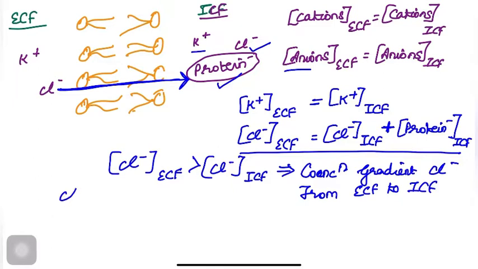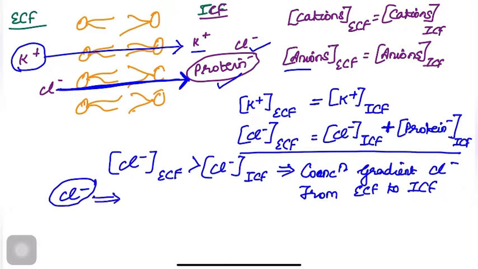And as chloride is negatively charged, when one negative charge moves from ECF to ICF, it should be neutralized, so one potassium also starts moving from ECF to ICF.